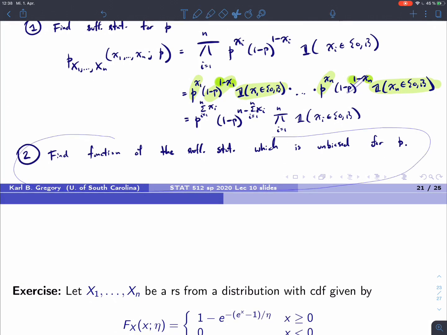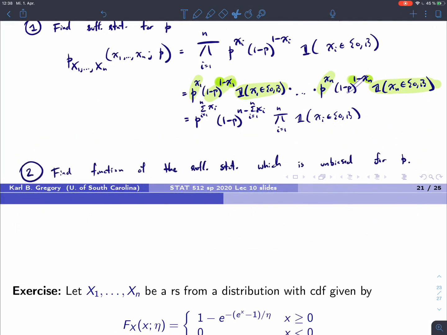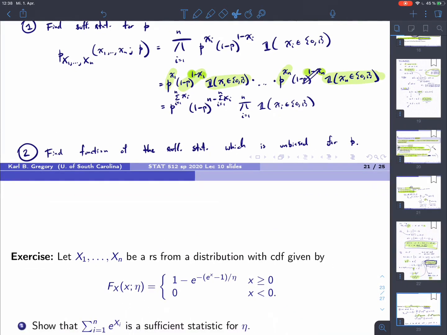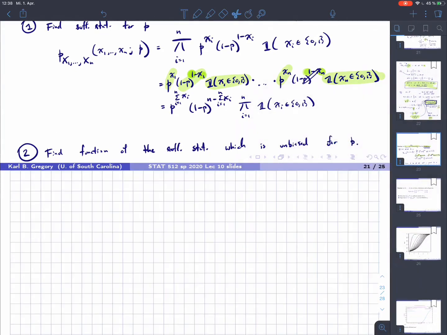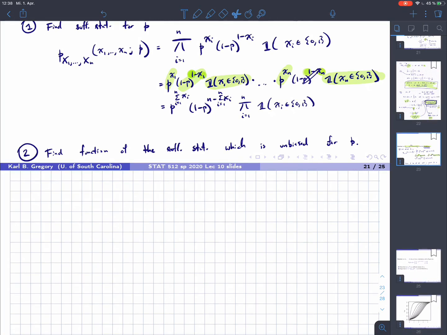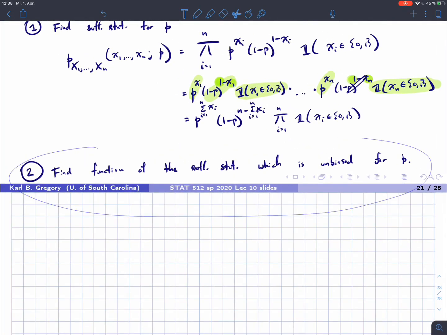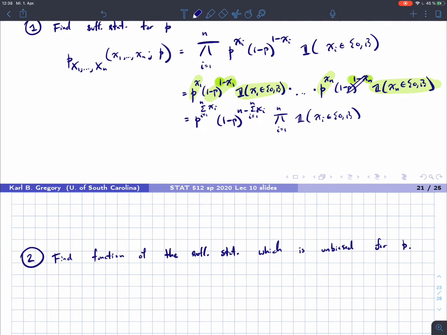So by the factorization theorem, I can identify a sufficient statistic for p, which is going to be this sum. This is a function of the sum of the xi's, i going from 1 to n, and p.